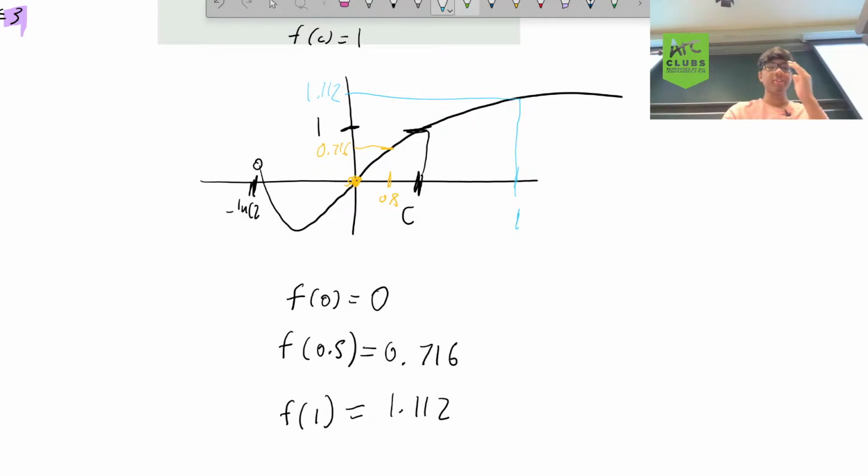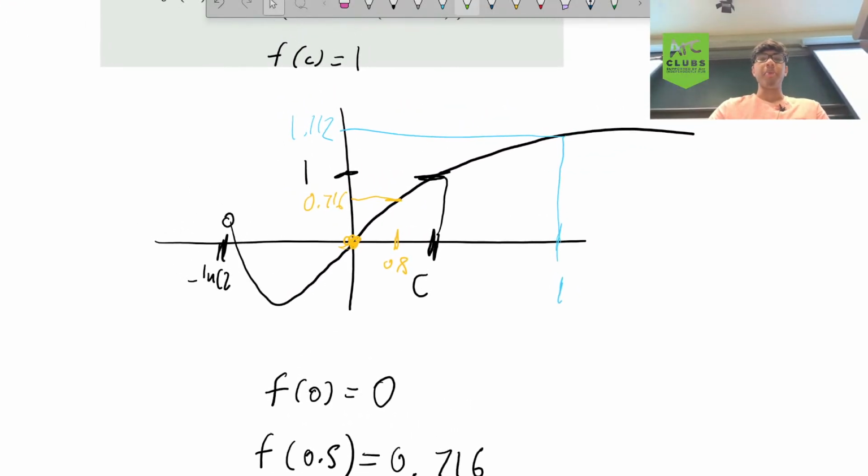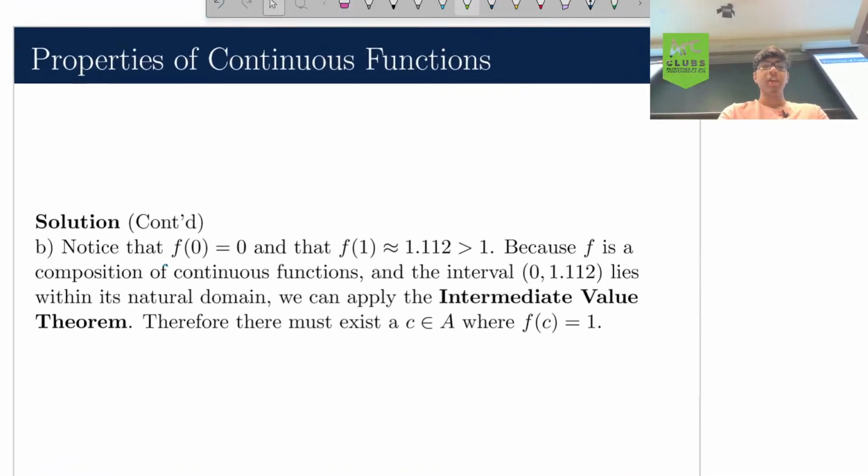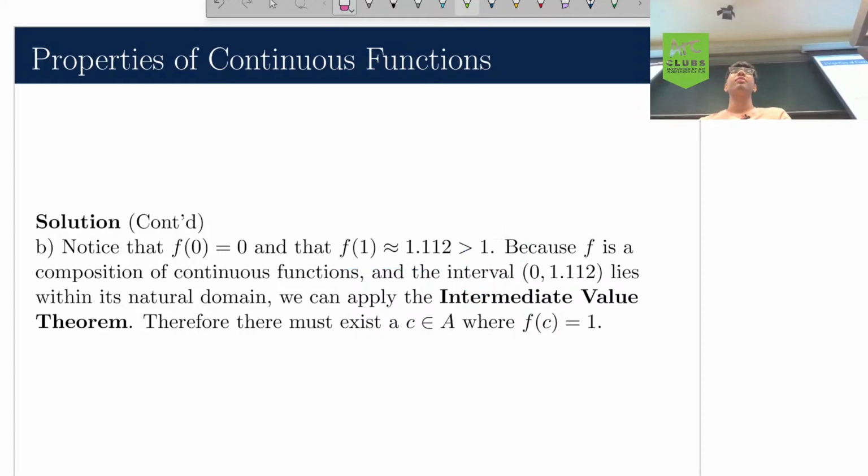So what does it tell us? Well, we know that by the intermediate value theorem, f of 0 equals 0, and f of 1 is approximately 1.112. This is greater than 1. By the intermediate value theorem, we know that there must be some c between 0 and 1, such that, let's see, the interval lies in the natural domain. I guess that's important too, because if this didn't lie within the domain for my A, then I couldn't consider this.